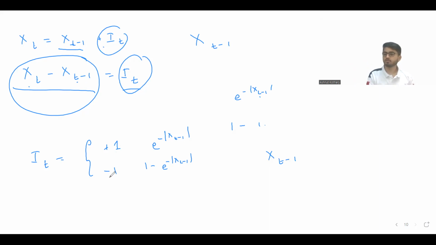It takes either plus 1 or minus 1, and I know the probabilities as well. So using all this information, I can predict what Xt will be. Again, keep in mind when I say predict, I am not saying the exact value. What I'm looking at is the set of possible values along with the set of probabilities. So clearly, if I know Xt-1, I am able to estimate Xt, and therefore the process is Markov.